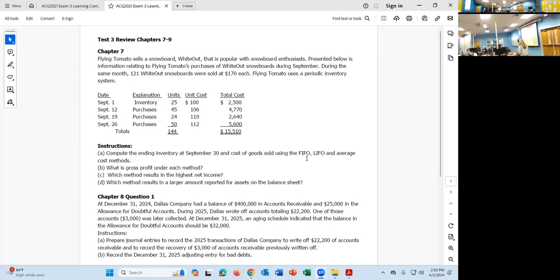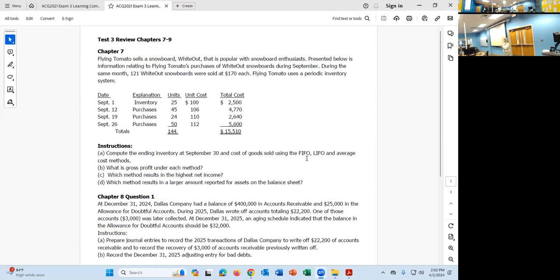So, thinking way back to chapter 7. Chapter 7's biggest topic was inventory cost flow assumptions. So we looked at FIFO, LIFO, and average cost. You probably also spent a couple minutes at least on specific identification. Thinking about specific identification, remember that's the one inventory method that does have to match the physical flow of the inventory.